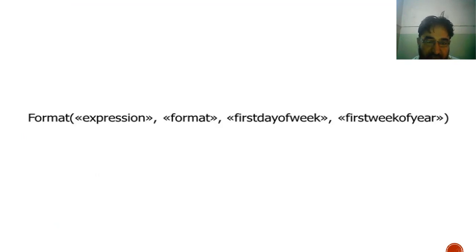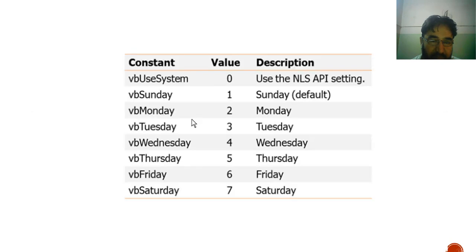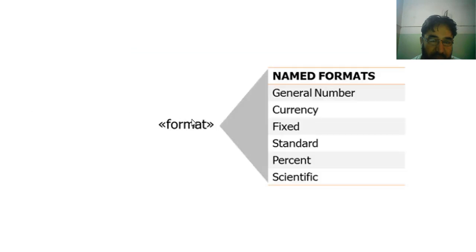And another important function is called the Format function, and it is the biggest function, I think. This is the format of the Format function. To format an expression, we need the field from the table, and the format is this.